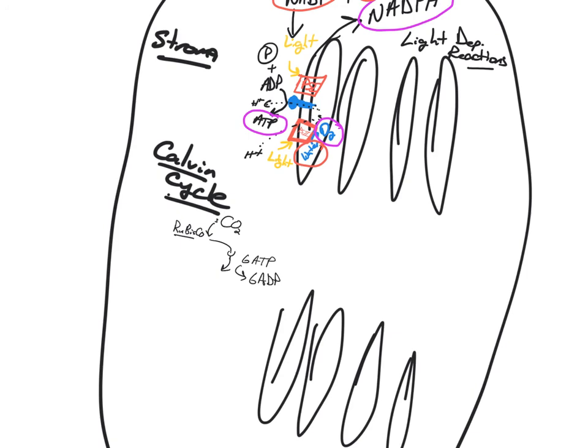I didn't circle that. I should have circled it. ADP is being used. So this ADP, I'm sorry, that was wrong. This ADP is going back here, and it's going to pick up a phosphate, right?